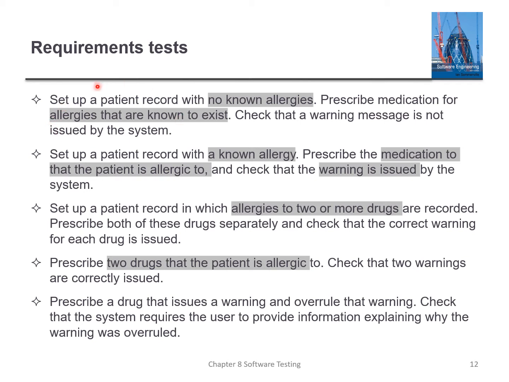You set up a patient record with no known allergy, a patient who does not specify any allergy, and then prescribe medication that is known to cause allergy. Then you check that a warning message is not issued.